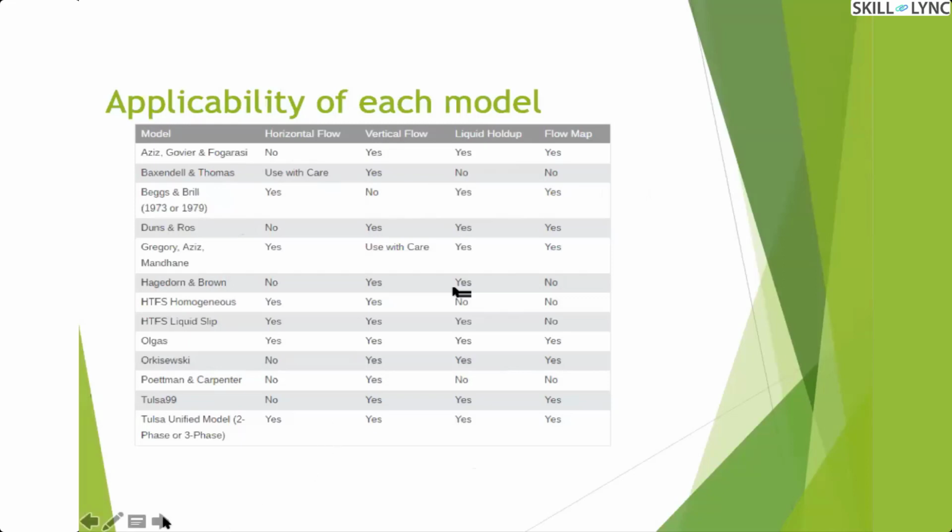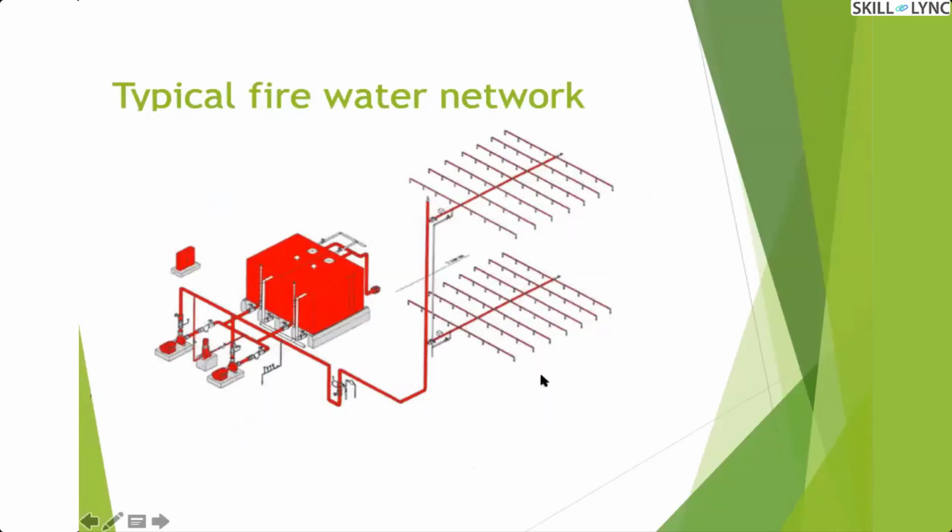So now let's move on to the next. The other requirement for the simulation is, when you have a typical network like this, this is a typical Firewater network which will be available. Here your pumps are located at this location, and then you have a pipe which is coming out from the discharge.